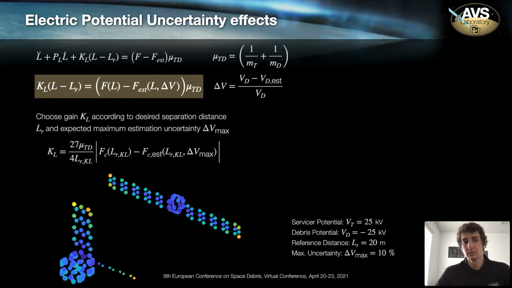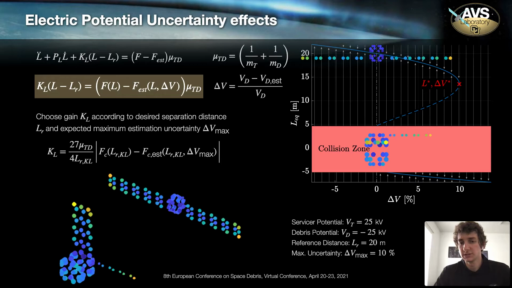Once we've chosen the gain, we can solve this equation numerically, and we use the multisphere method to approximate the forces. So for a reference distance of 20 meters and a maximum uncertainty of delta V max equals 10%, we find these equilibrium positions represented by the blue line.